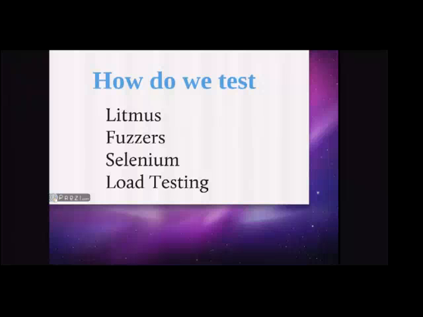And then finally, we need to concentrate on load testing, performance testing. Firefox 4 is imminent. We're going to be releasing it very shortly. And as an example of what happened with the last release, we had somewhere in the region of 2 billion downloads. So we need to make sure that our servers can actually handle that.